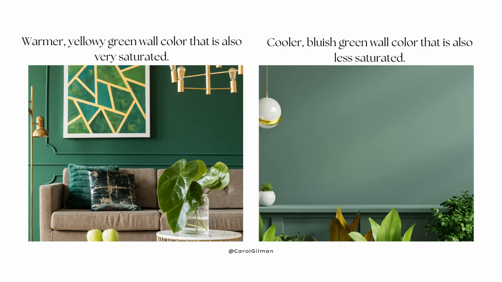Whether that green is very green, it has a lot of vibrant yellows and blues in there, and it creates a very energetic look. Or is it less saturated, less intense? We could even say, is it grayed down or more neutral? That means it has maybe less color in there and other colors that are added to it to gray it out and tone it down a little bit.